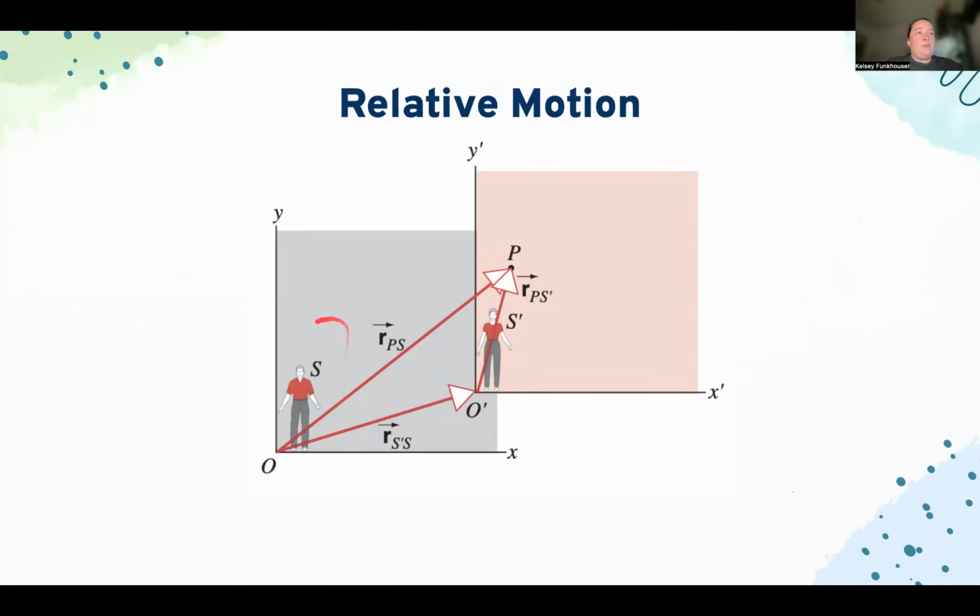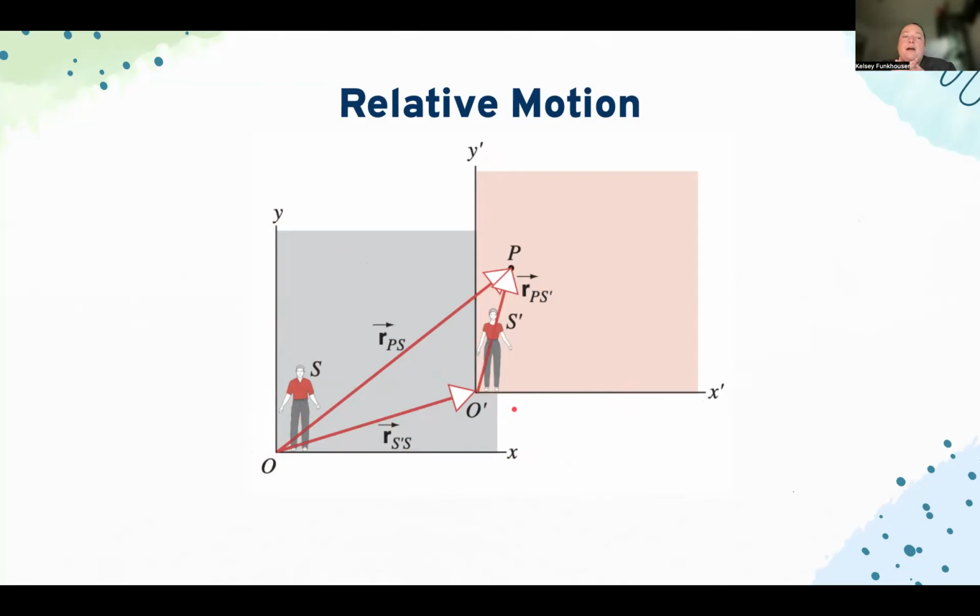What we have here, we'll start here. We have one reference frame, one observer, given by S as their frame of reference, and each observer has their own coordinate system. So reference frame S has this coordinate system. Reference frame S prime has this coordinate system.